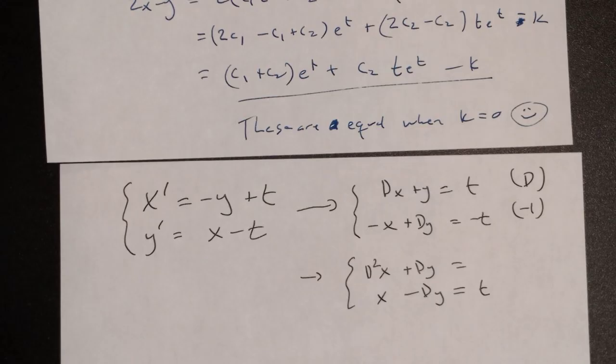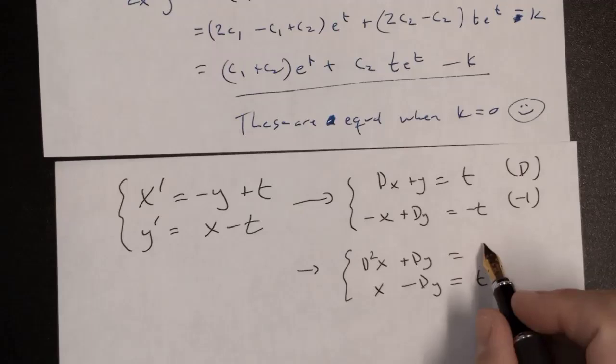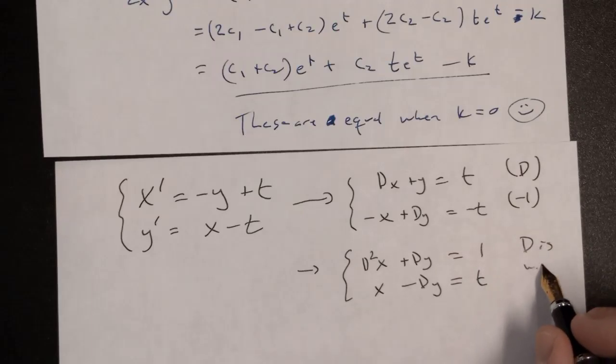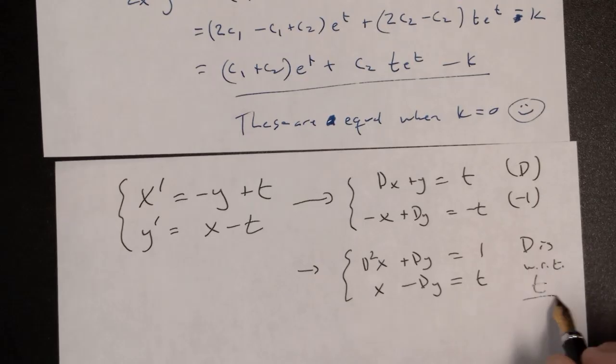I'm taking my derivatives with respect to t, so what happens on the right? I get a 1. D is with respect to t. WRT, with respect to, shorthand. Okay, wait a minute.